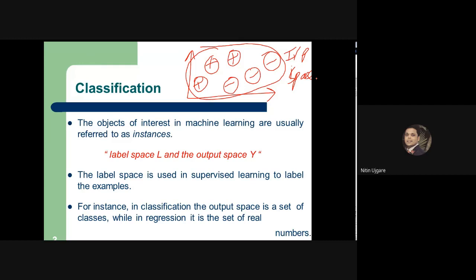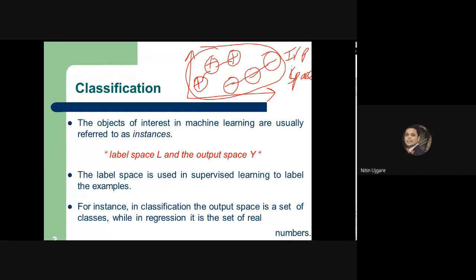Then each instance in this input instance space is labeled. If you observe, I have labeled these instances. These 3 instances have been labeled with the positive sign, which means they belong to the positive class, whereas these 3 instances are negatively signed, which means they belong to the negative class.